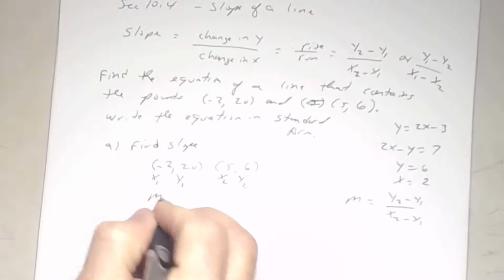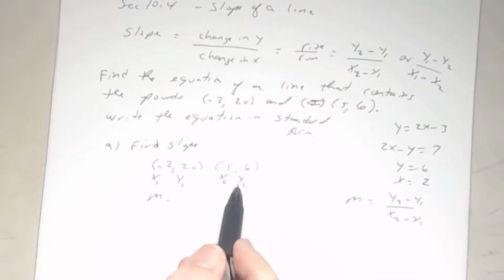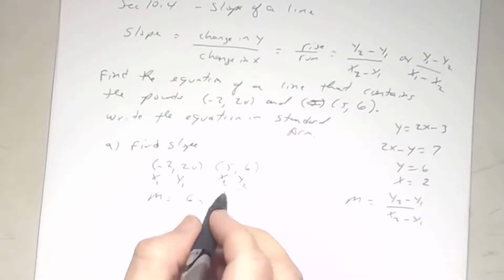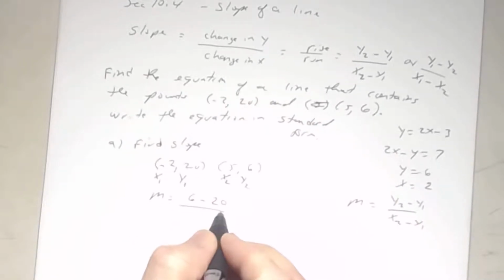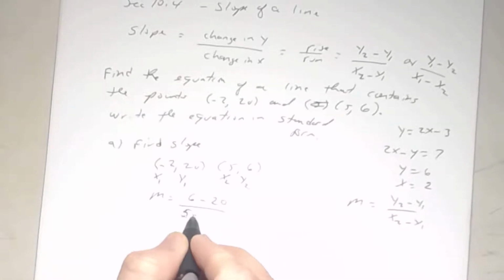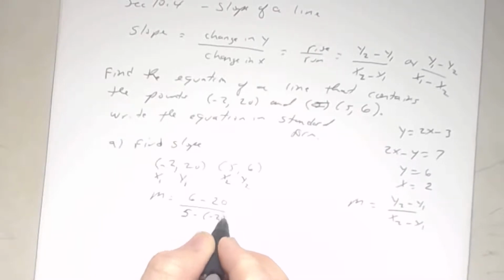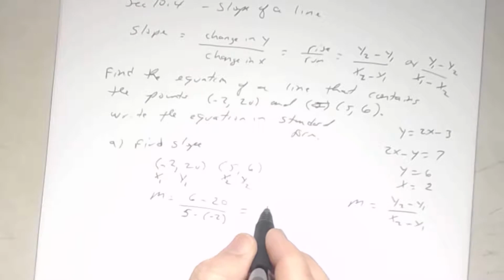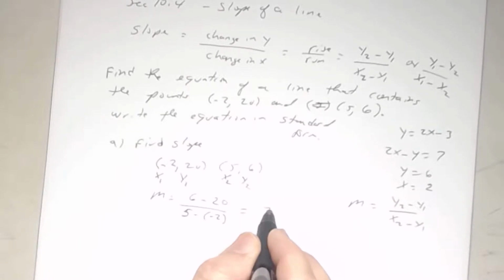So your slope then is y2. What's y2? 6. Subtract y1, which is 20, divided by, now remember, if you start with y2, you have to start with x2. What's x2? 5. Subtract a what? -2. What's the numerator? What's 6 minus 20? -14.